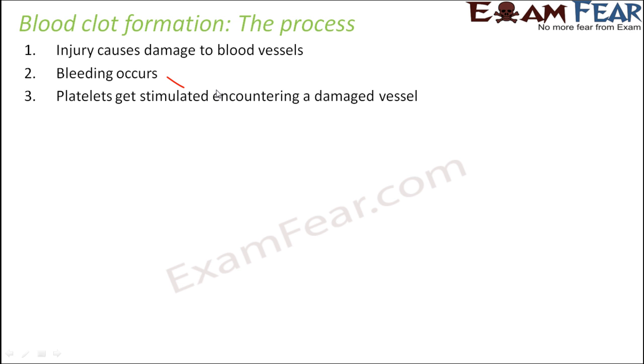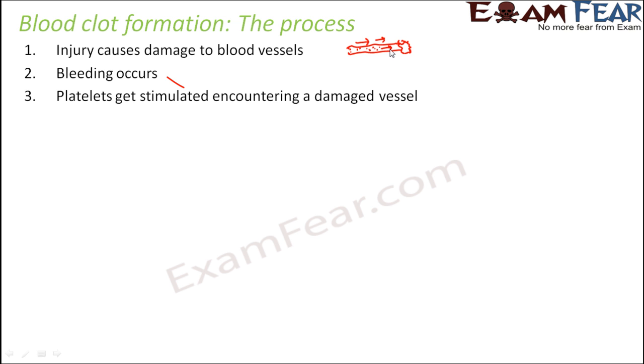For example, let us suppose this is the blood and the blood is flowing in this direction, and let us suppose there is a ruptured blood vessel somewhere here. Now all the components of blood are flowing along with the blood. It is something like if you keep a paper boat on a river, what will happen? It will flow along with the river.